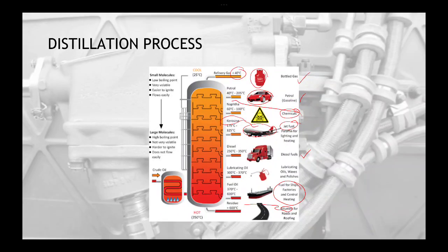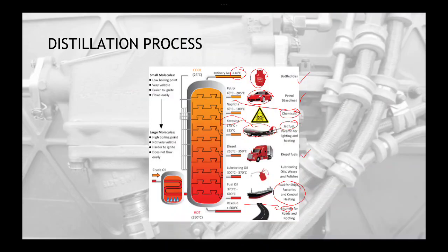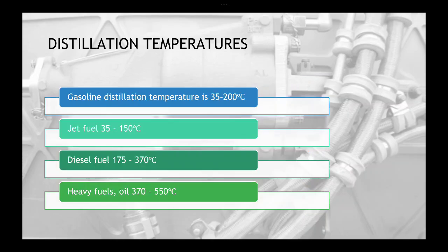That's the distillation process, aiming to separate the crude oil into different boiling ranges. So let's focus on the temperatures of specific internal combustion engine fuels. We have gasoline at temperatures of 35 to 200 degrees Celsius. For jet fuel, that's 35 to 150 degrees Celsius.